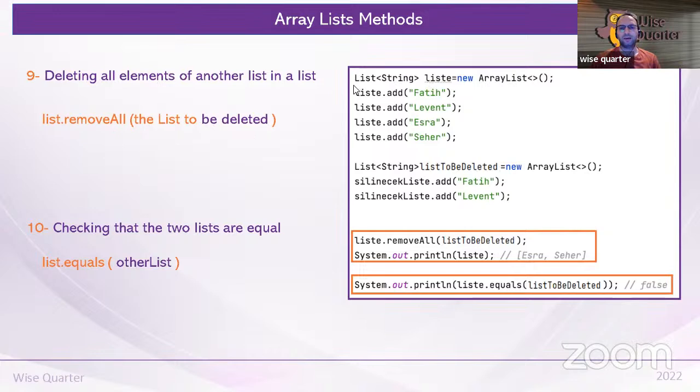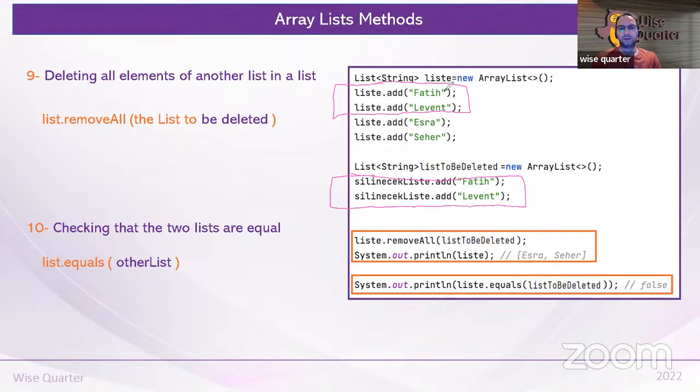For example, we have a list Fatih, Levent, Esra, Seher. And we have another list which has Fatih and Levent, the first two of them. If you want to remove this list from the other one, they are the same values. They are included in this list.